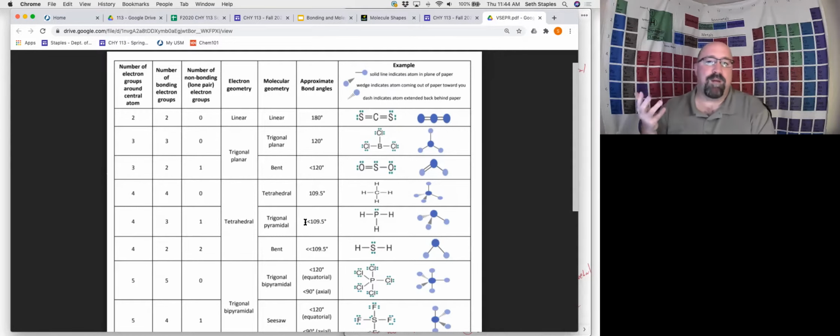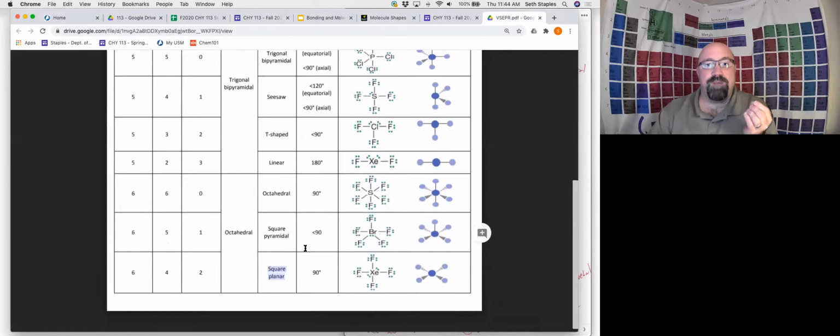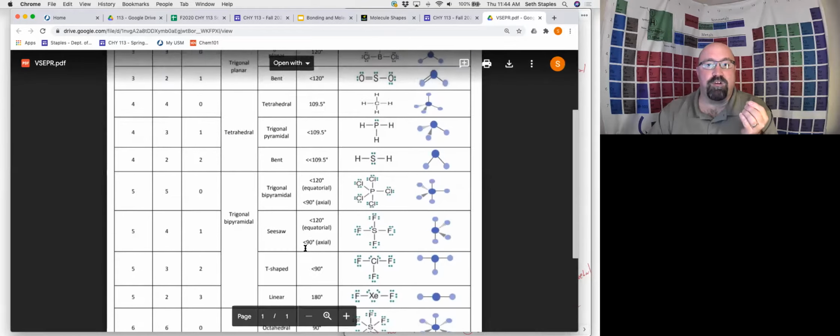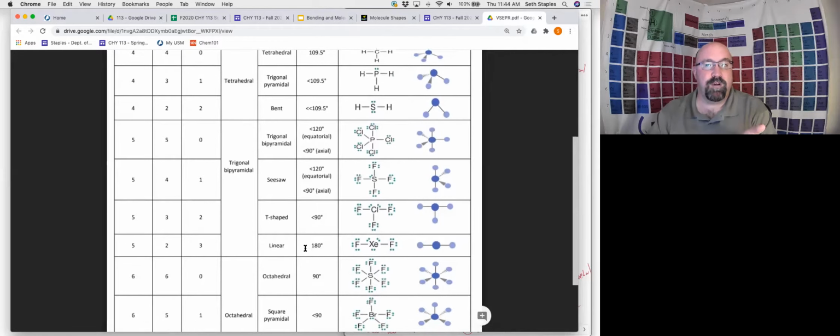Off the top of my head, you usually get something like 107.5 or so for here and 104 or so for these. So it's not a huge effect, but we do have some effect on those bond angles. We also want to be mindful of our bond angles with trigonal bipyramidal complexes, because we have different bond angles between our equatorial and our axial atoms.